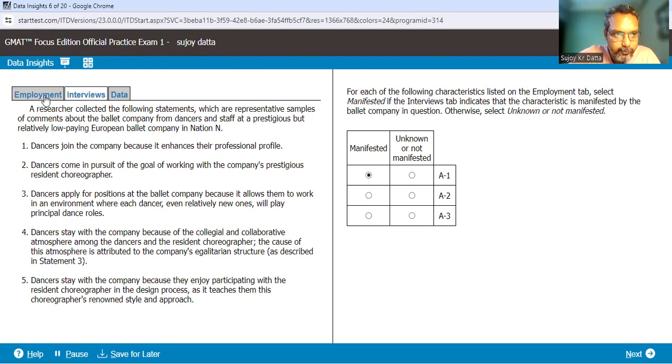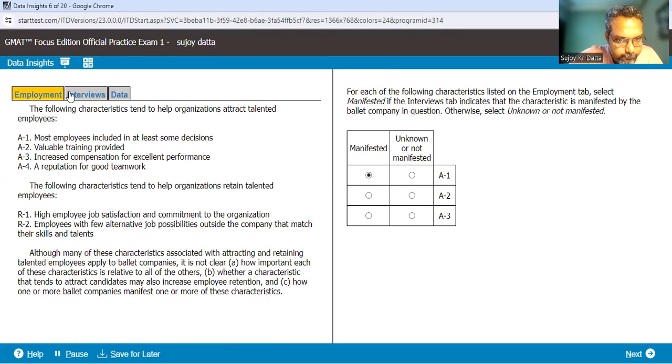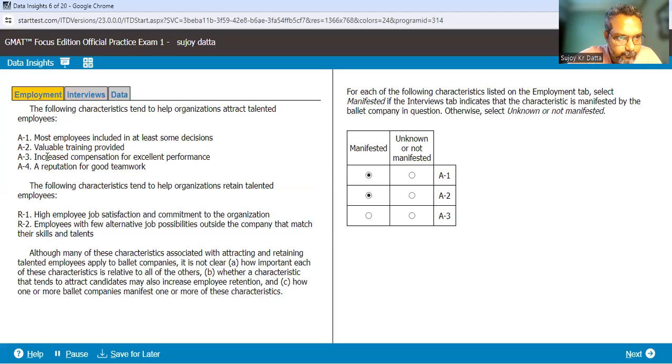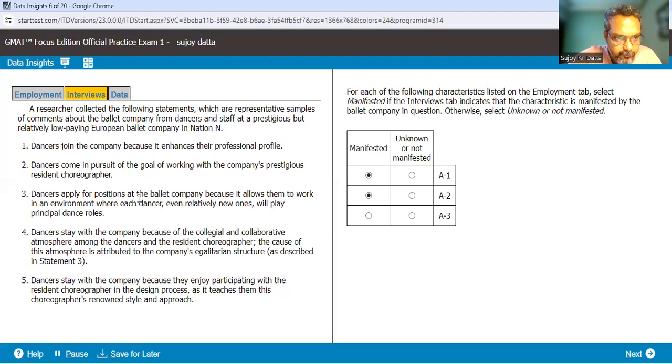So manifested. A2, valuable training. So yes, manifested. A3, increased compensation for excellent performance. Not, no.